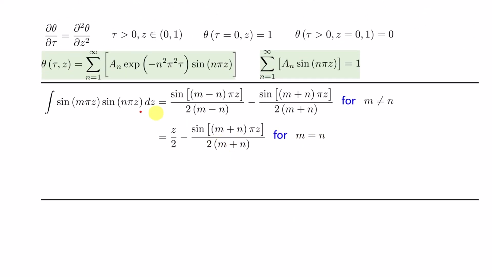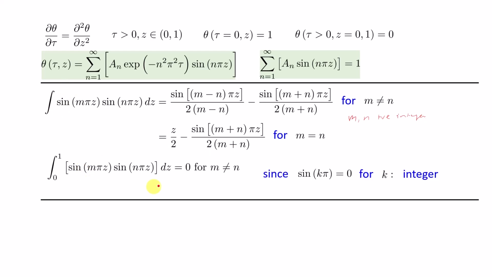So we have seen this relation for the integration of sine m pi z sine n pi z, and it gives us two expressions, for m not equal to n and m equals n. Here m, n are positive integers. Now if I take the limits between 0 and 1, for m not equal to n, I have sine (m minus n) pi and sine (m plus n) pi, but sine k pi for any integer k will be 0.